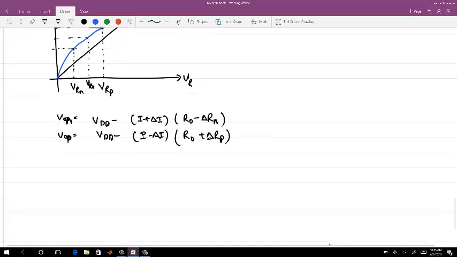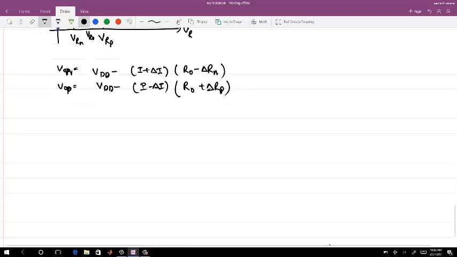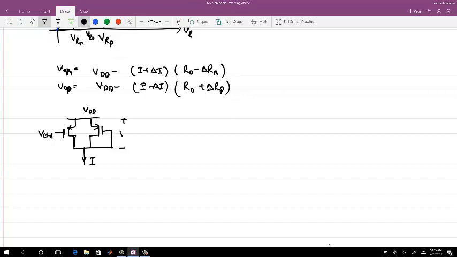Both of these drawbacks can be overcome by using another kind of load, called the Maneatis load. Let me show you. In place of the resistance, you use this: this is VDD, this is V control for this load, and this is I. The potential difference across the two is VR.